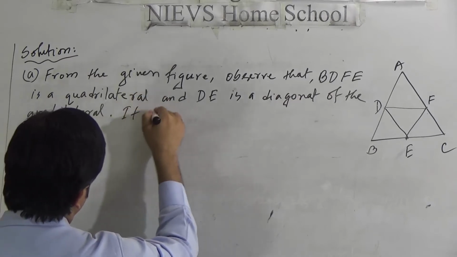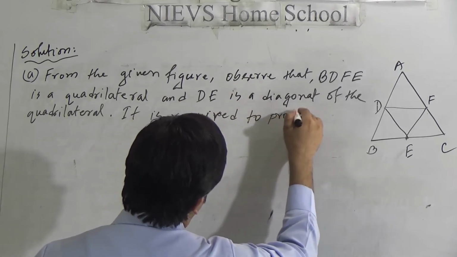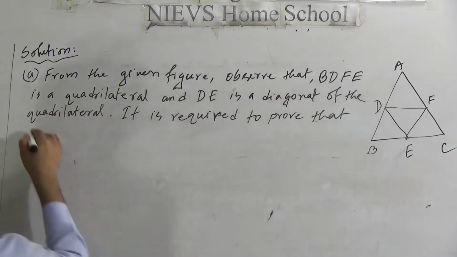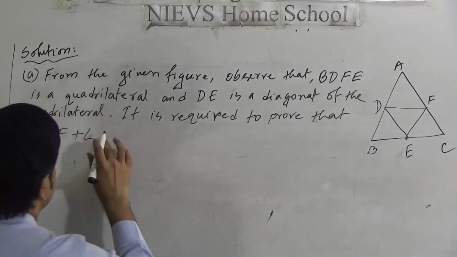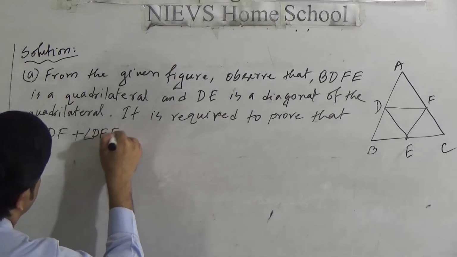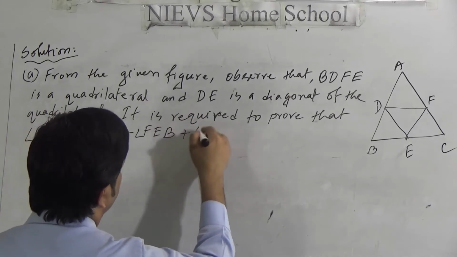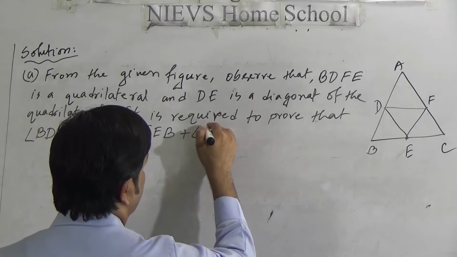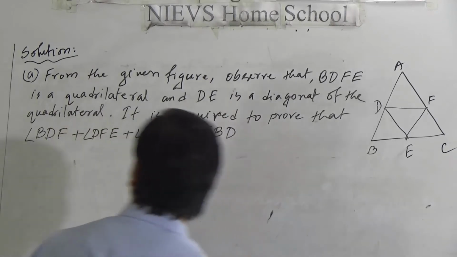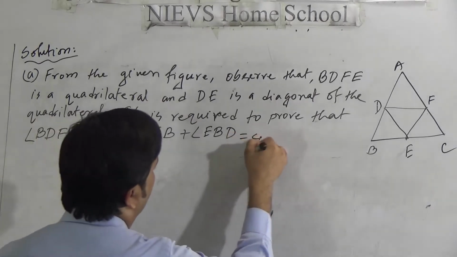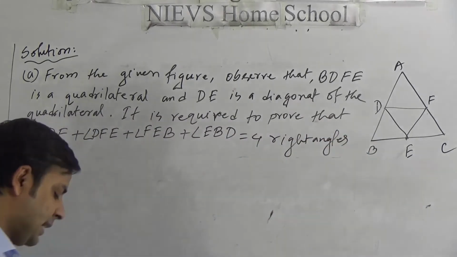It is required to prove that angle BDF plus angle DFE plus angle FEB plus angle EBD is equal to 4 right angles. We need to prove this.